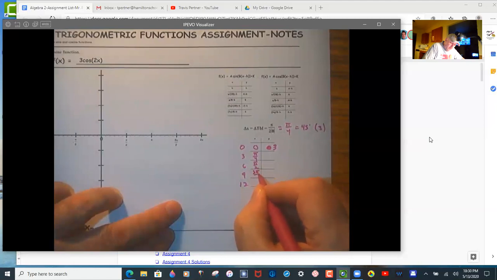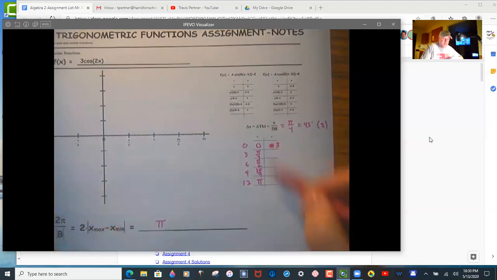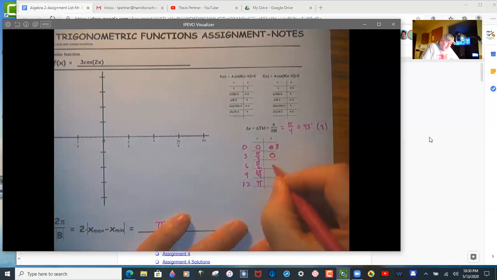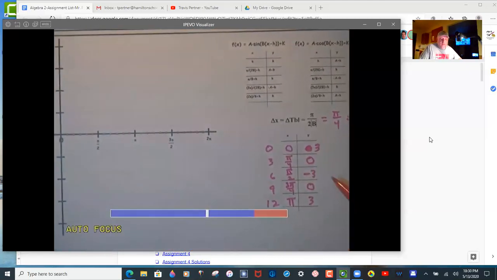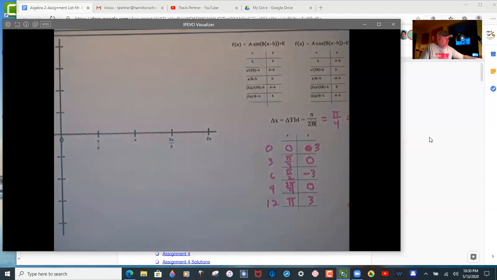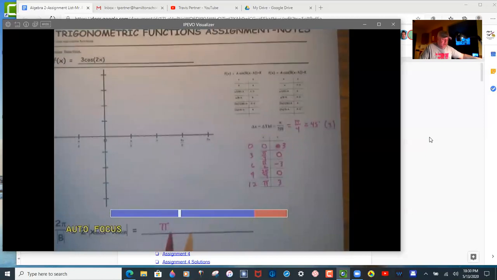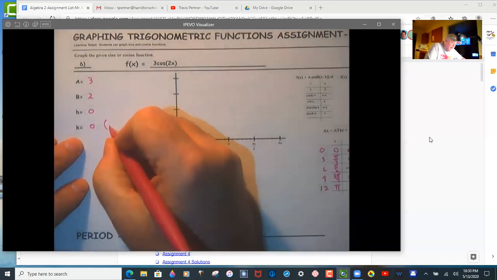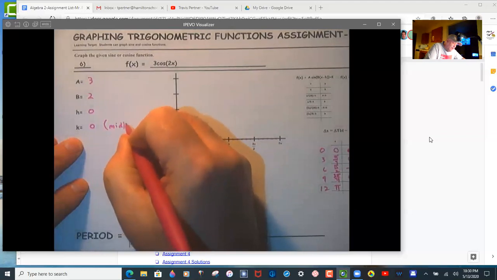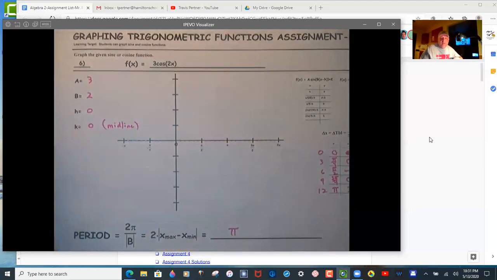And a lot of these repeat, so you can look back on old problems. Back down to 0. This will then be -3, up to the midline, and then back up to 3. So it comes back down to the midline, 0, and then goes below the midline, then back to the midline, then above the midline to the value of the absolute value of A. Okay, so the midline is K. Whatever K is, that's your midline.